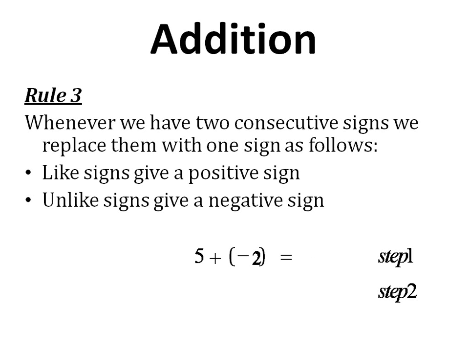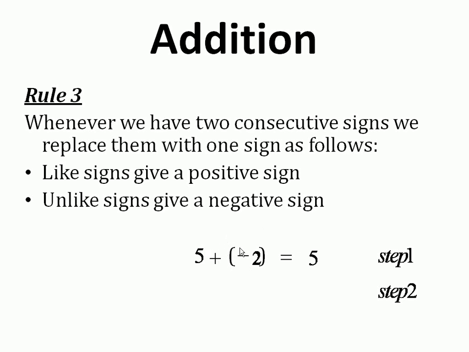Now we have these consecutive signs right there. These consecutive signs are different. So, because the consecutive signs are different, we are going to replace them with a negative sign. However, the 5 is not affected by the consecutive signs, and it goes over as it is.